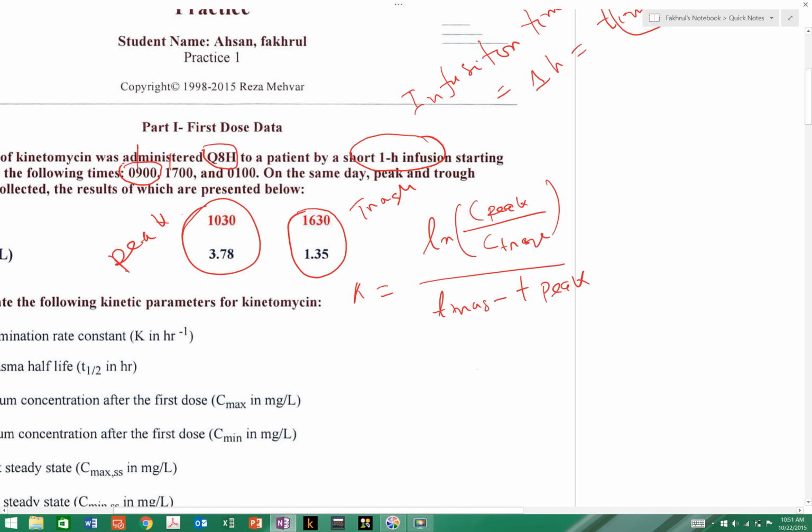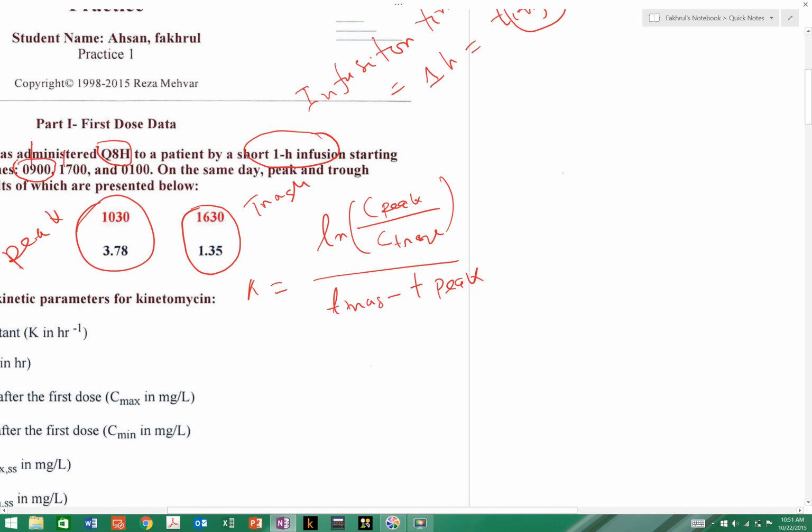And as it is in the first dose, if you look into the time, the drug started at 9, okay, and that was infused. So let's put this time here.